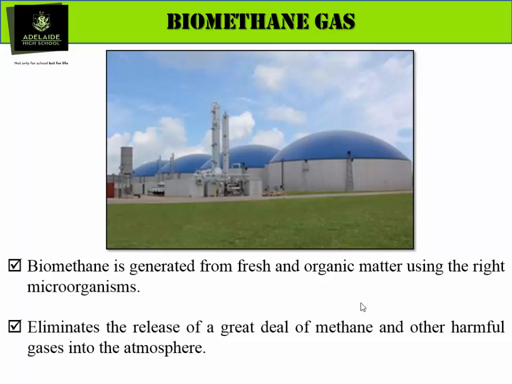Not only that, microalgae are also being used to solve the problem of combustions. And finally, of course, biomethane gases trying to solve the emission of methane gases to the atmosphere. All right. So these are all the issues, how we solve them, why we need to solve them. It's all to ensure that the ecosystems are equally balanced.